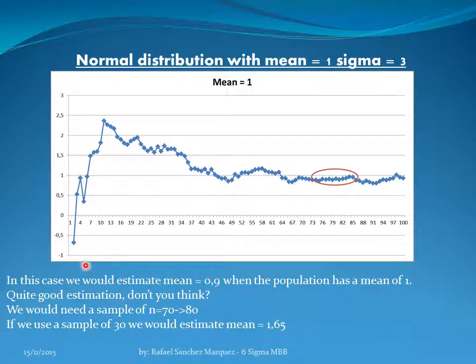But again, the graphical method would give us an estimation of 0.9. That would be a lot better than the estimation using the practical rule of taking 30 measurements, which would give us 1.65. In this case, we have improved a lot more than in the example shown before.